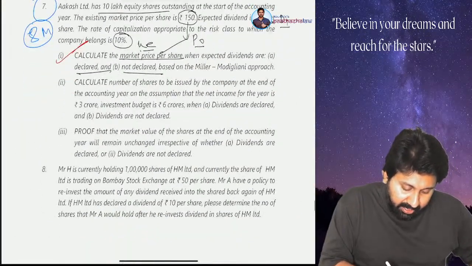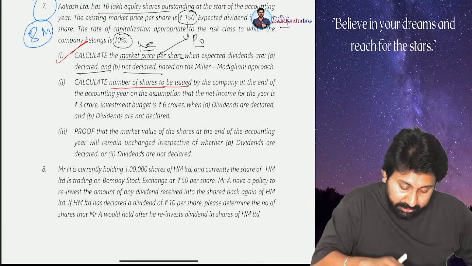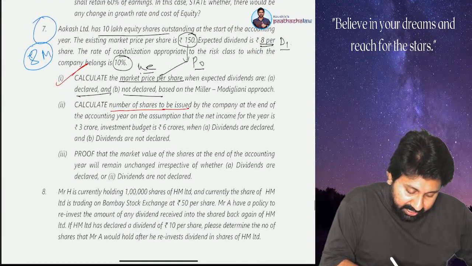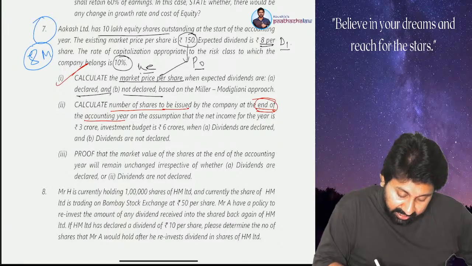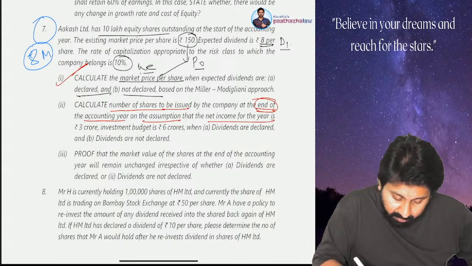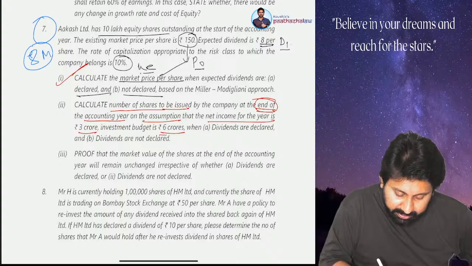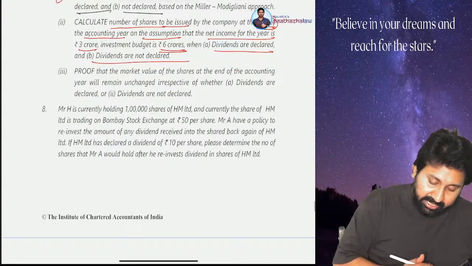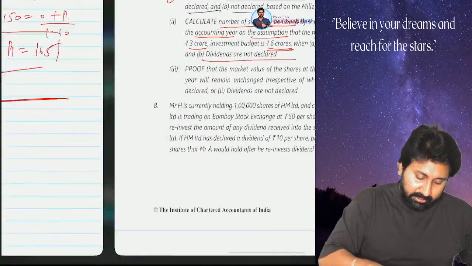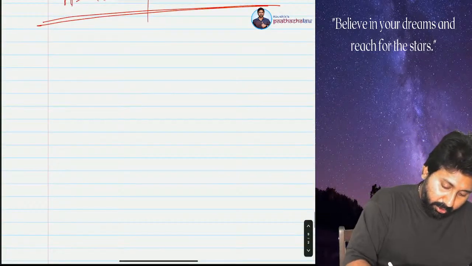Next, calculate the number of shares to be issued by the company at the end of the accounting year, on the assumption that net income of the year is 3 crore and investment is 6 crore, with dividends declared and not declared. Both cases we have to do.